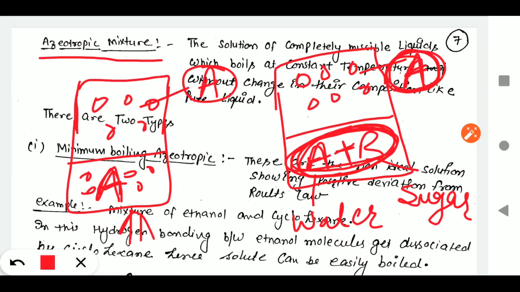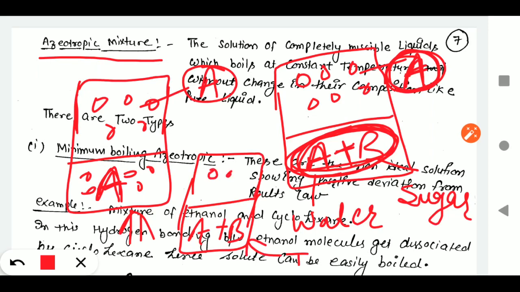Suppose I am again taking another mixture in which A and B are there. If I am heating this mixture at any temperature, and in the vapor phase I get both A and B, so students, there is no difference in the composition.